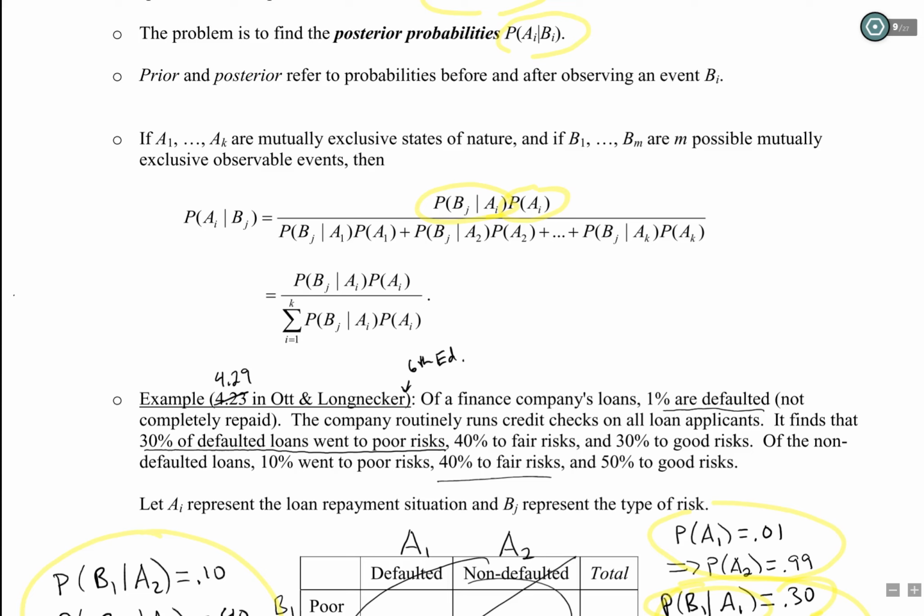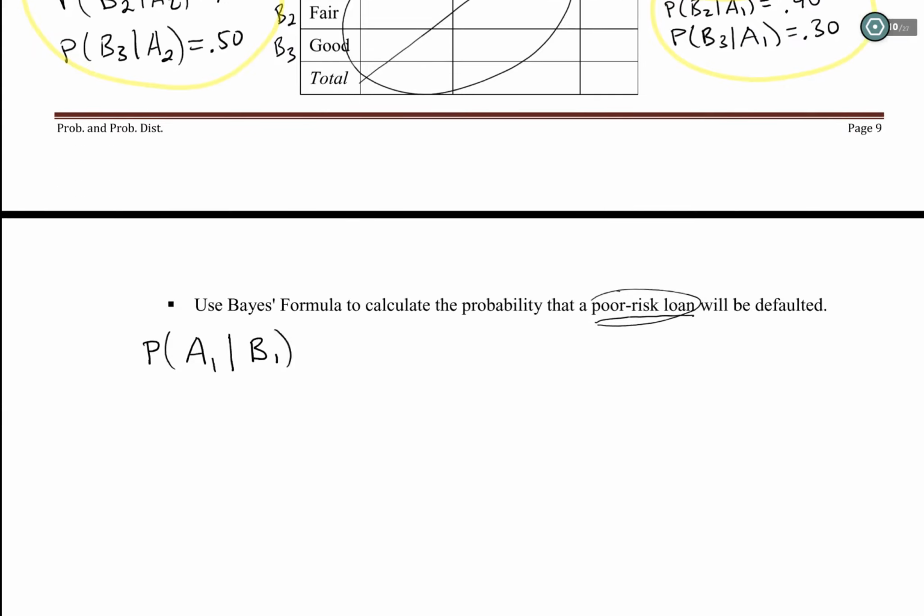The J subscript is not changing; the subscript on the A is changing. We're cycling through this conditional probability times a prior probability through all the states of nature. Okay, with that formula in mind, let's go back to the problem.